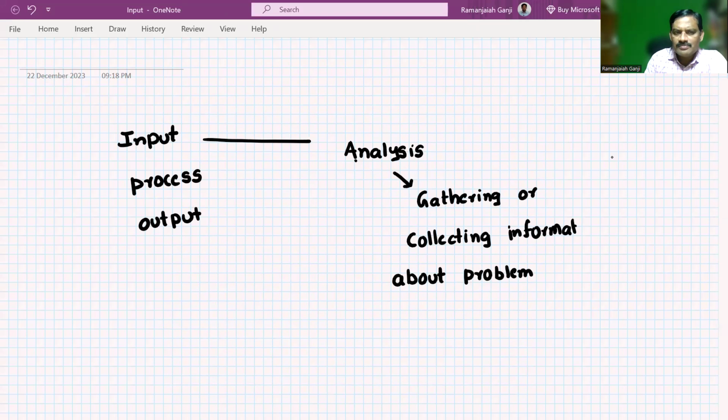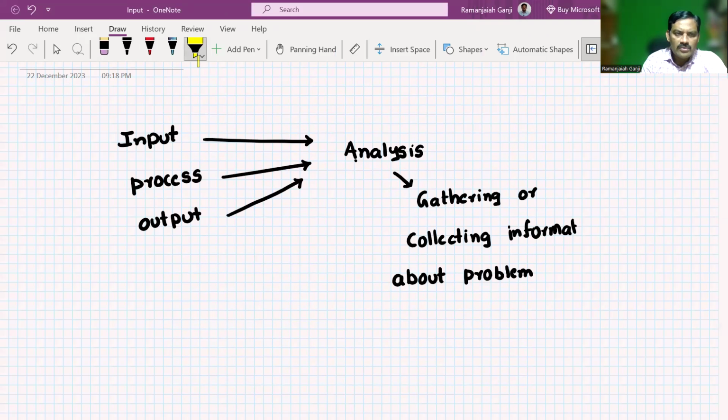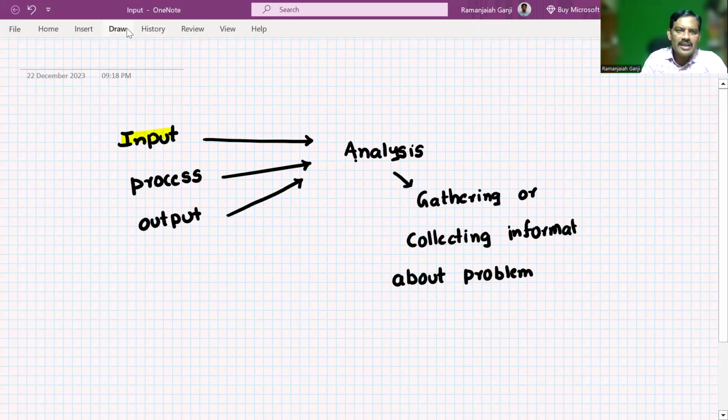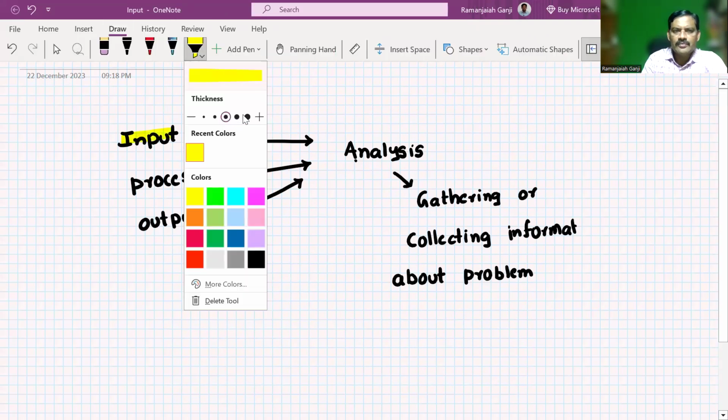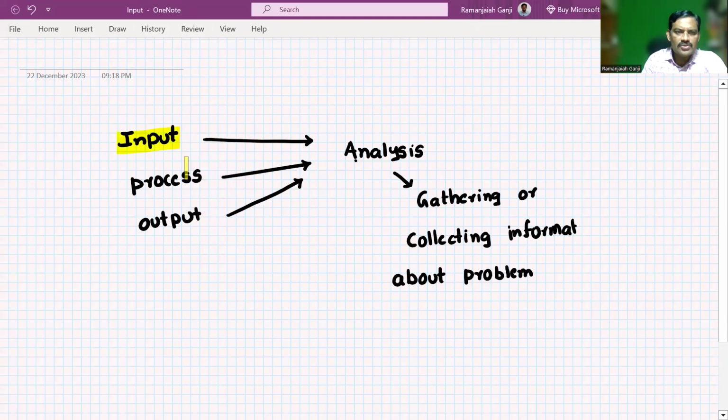It includes input, process, and output. Here we have what input needs to be given to the machine, what kind of process you are applying, what output you are producing.